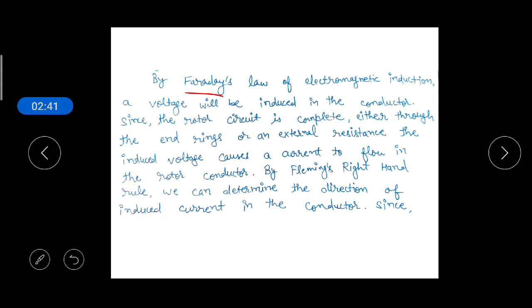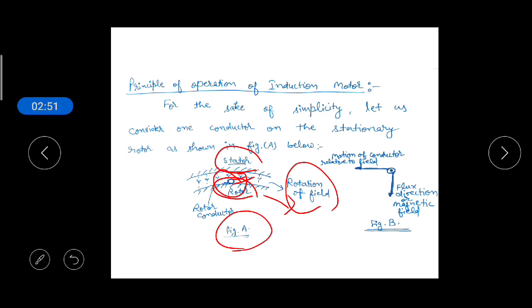Now by Faraday's law of electromagnetic induction, a voltage will be induced in the conductor, because these are the magnetic lines of force which go from stator to the rotor in the air gap. When the magnetic field lines are cut by this rotor conductor, an EMF will be induced in that conductor.